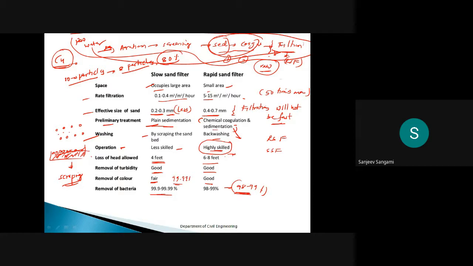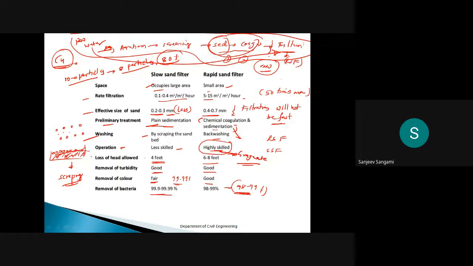When to provide backwashing, at what rate we have to supply the water from the OHT tanks, that will be decided here. For that, you require a skilled person, a graduate, especially from this field only.